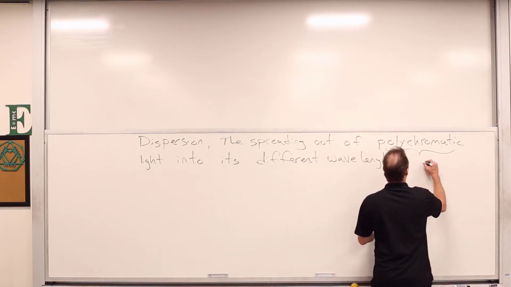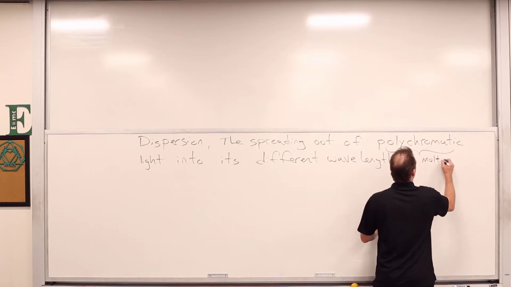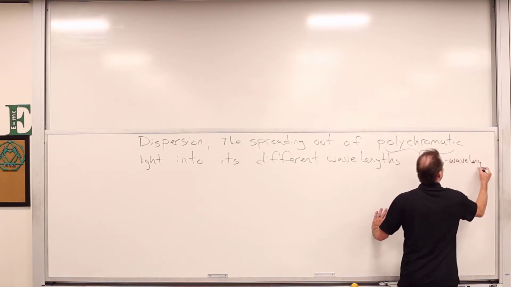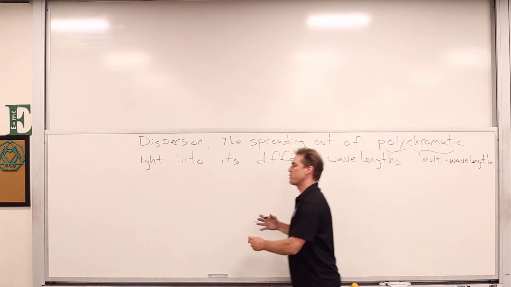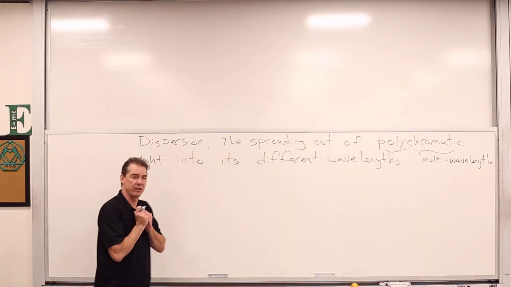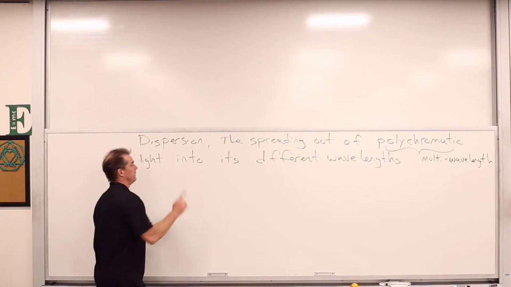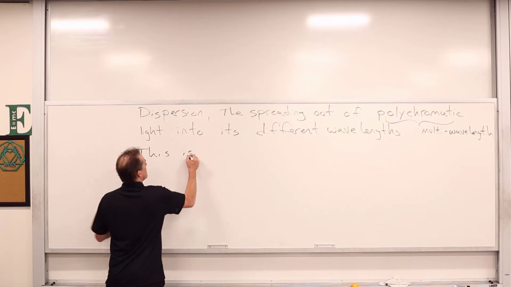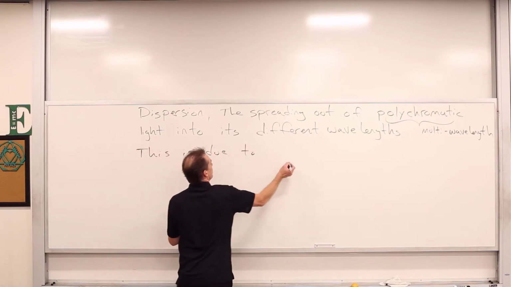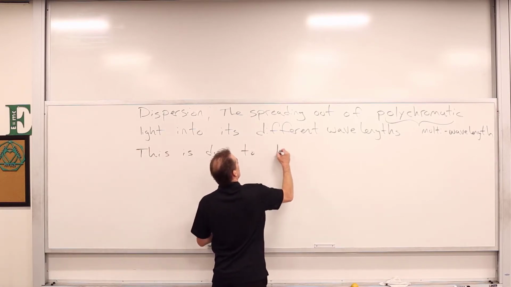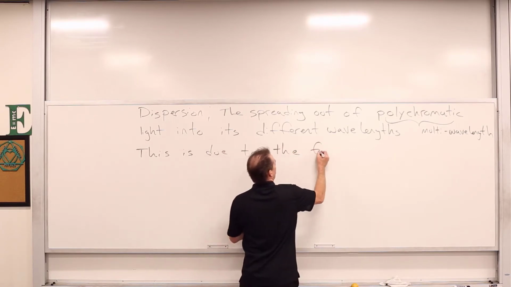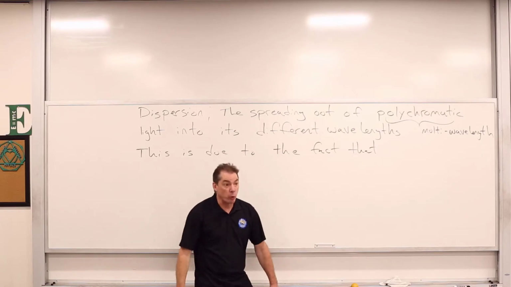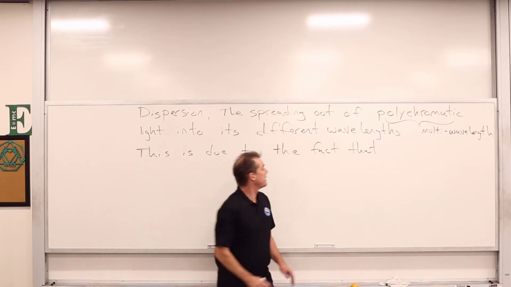So multi-wavelength. So dispersion is that ultimately effect of the spreading out. And it is due to the fact that different wavelengths of light will travel through a material at different rates.